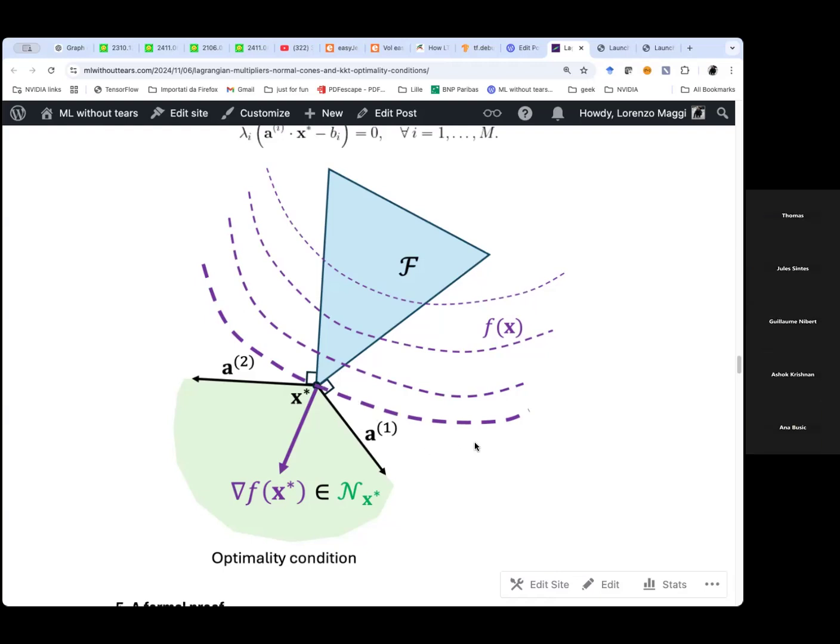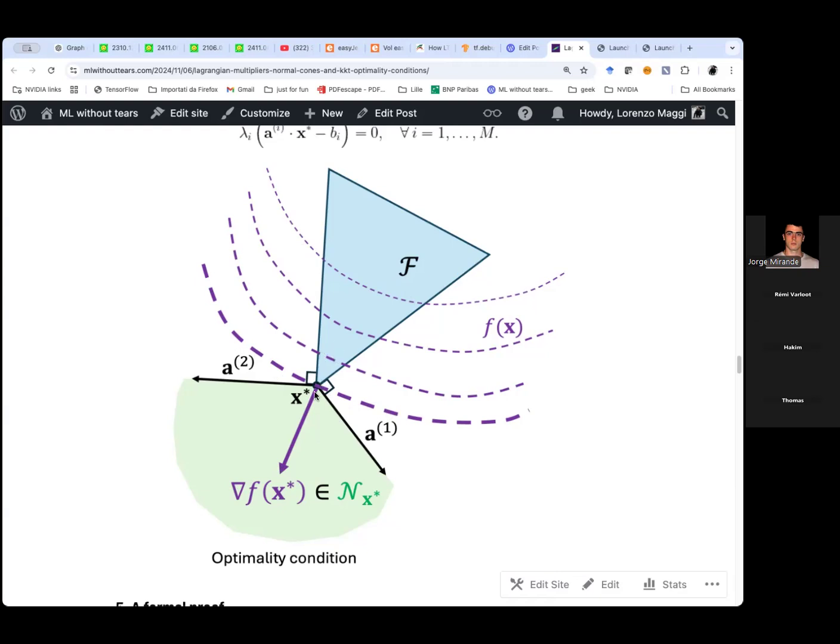Exactly. So putting all things together, it means that the gradient of this function. Before we didn't have any function, we just had the feasibility region. Now we also introduced the function, and these are the contours of the function.